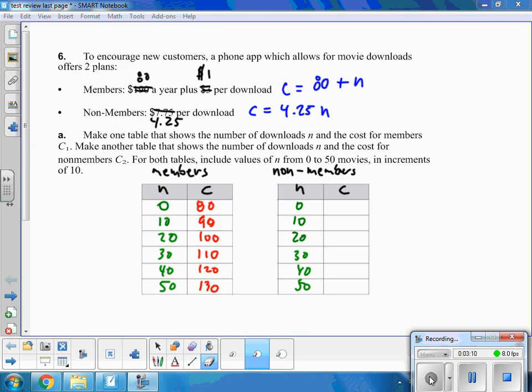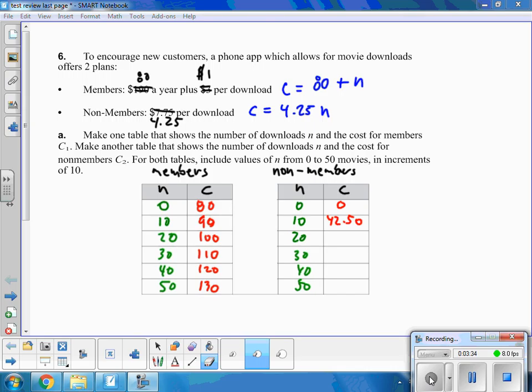Now for the second group, a little bit different for non-members. If you're a non-member and you download no movies, it's going to be no cost to you. For 10 movies, it's 10 times 4.25, and I get $42.50. So it still looks like non-members are getting a better deal at 10 downloads.